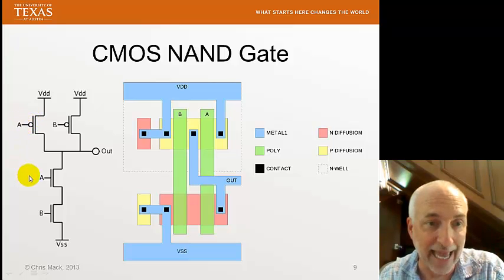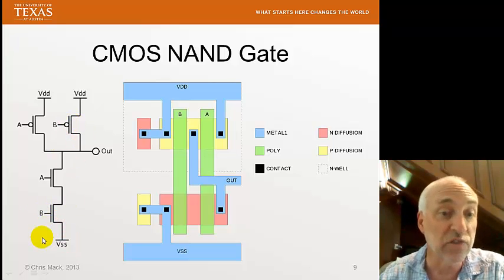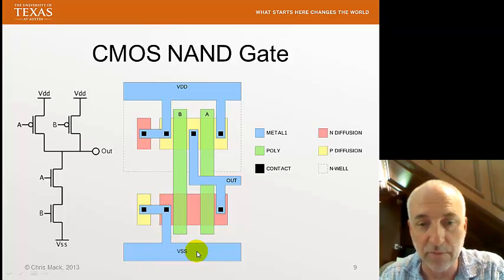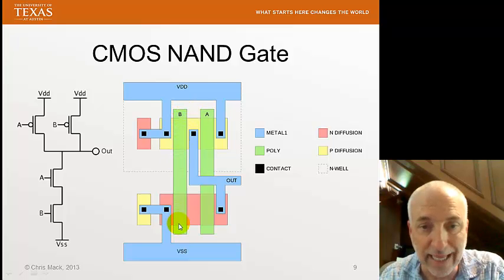Note that the gate A is connected to both the PMOS and an NMOS transistor. The gate B is connected here and here. So I've got a PMOS and an NMOS connected together. So it is CMOS, complementary. And then this is a top-down view of the physical wiring of the things together. The blue is the metal that makes my VSS and VDD. I've got green as the gate polysilicon material that forms my gates.